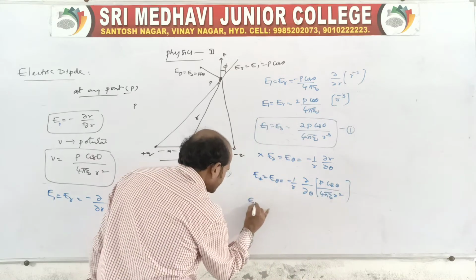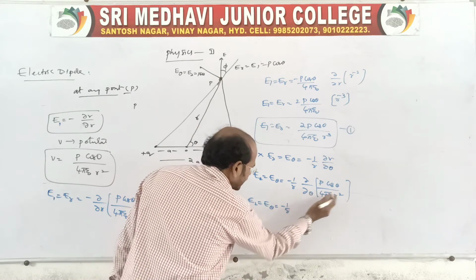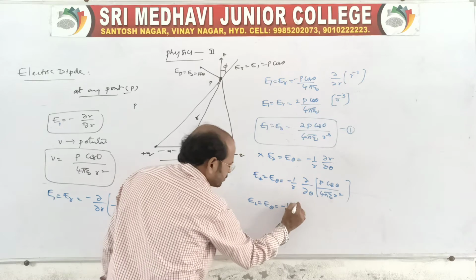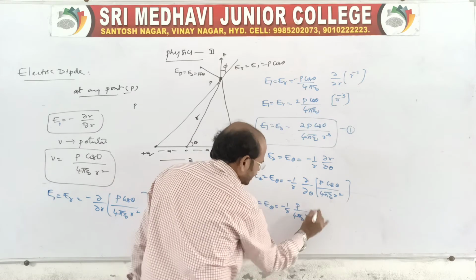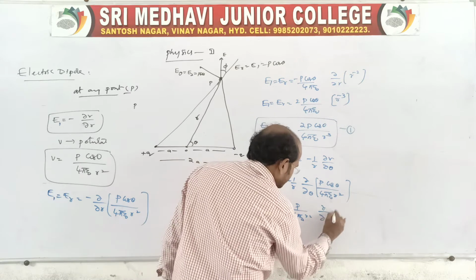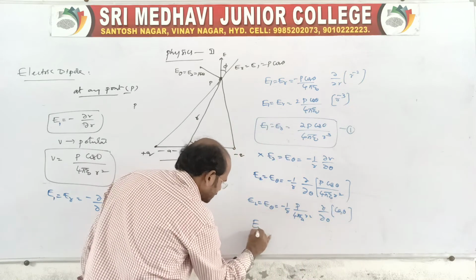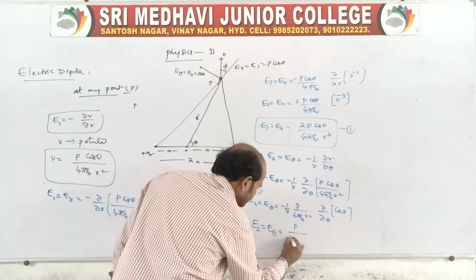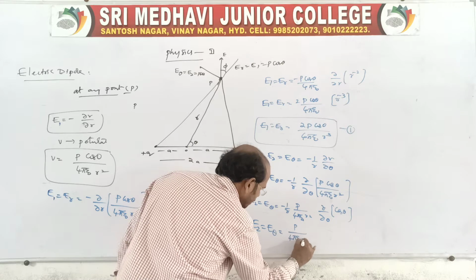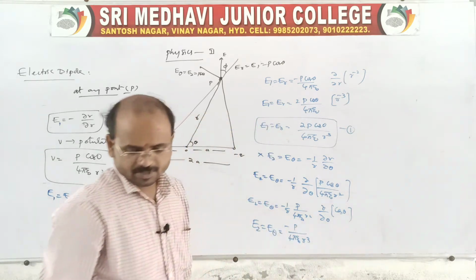Now E2 or E theta is equal to minus 1 by R, and we take everything else as it is, since we only differentiate with respect to theta. It becomes P by 4 pi epsilon naught R cube, and the differentiation of cos theta is minus sin theta.